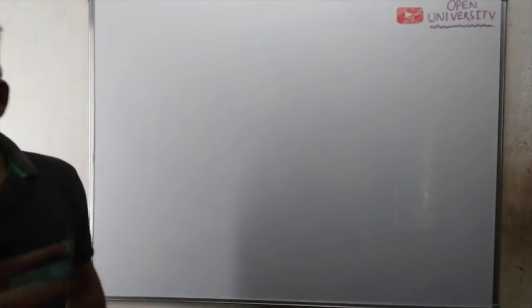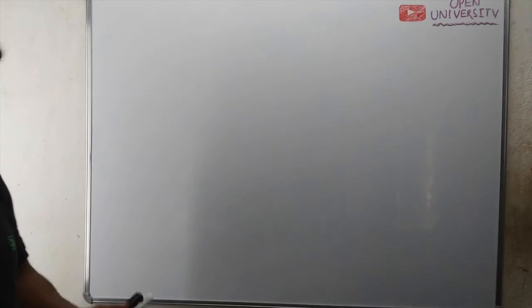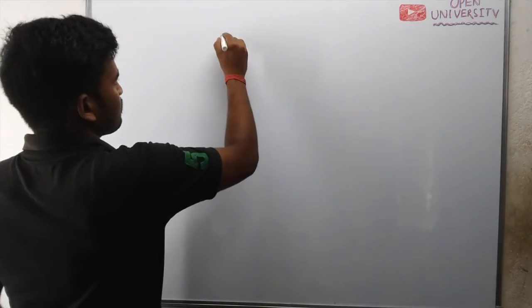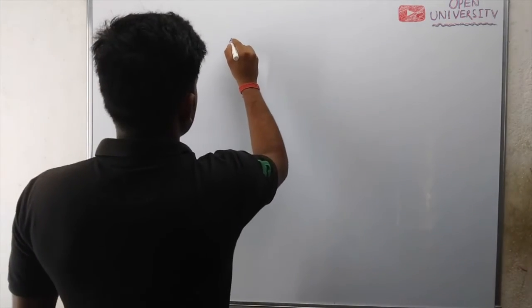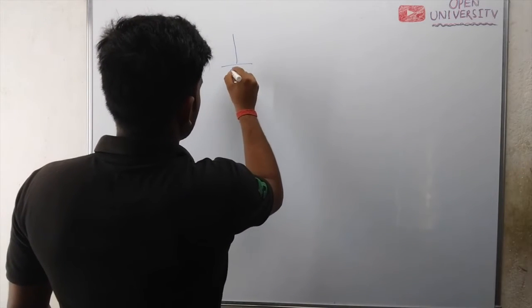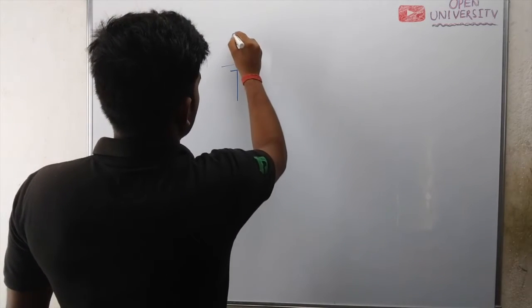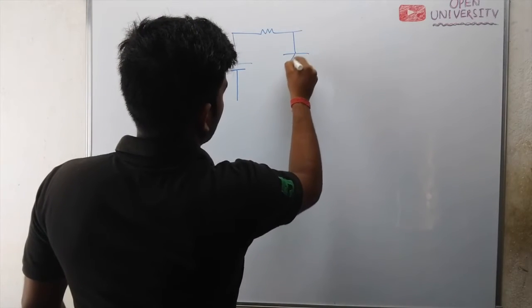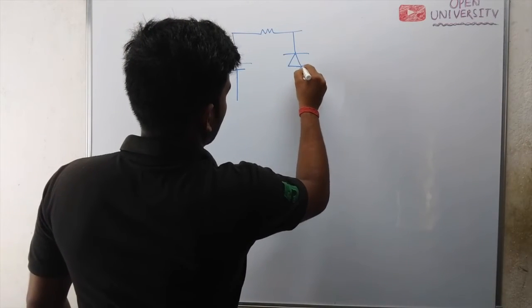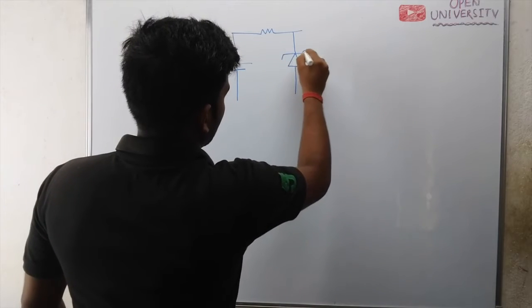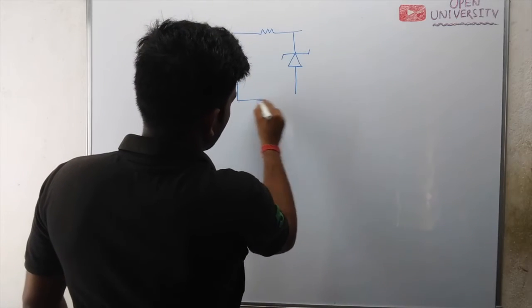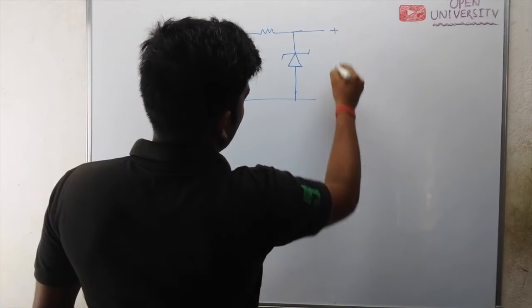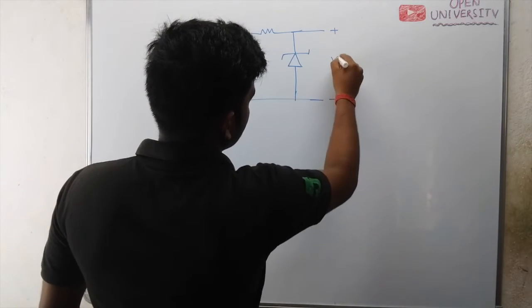Draw the diagram. This is your output voltage V0.